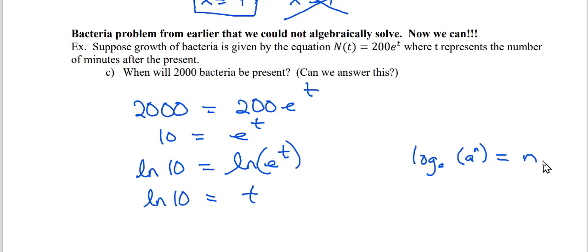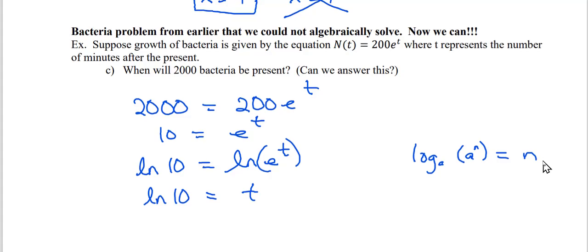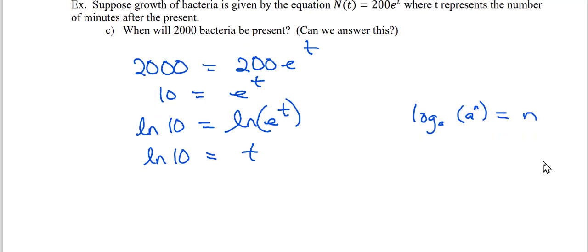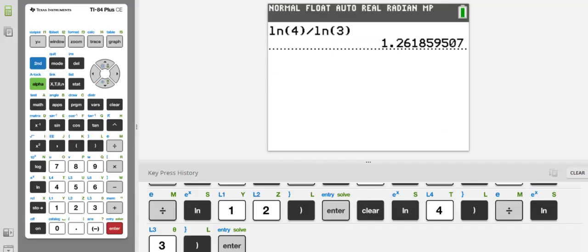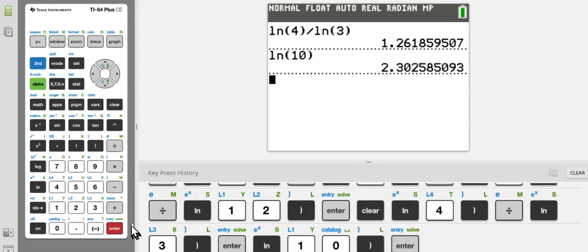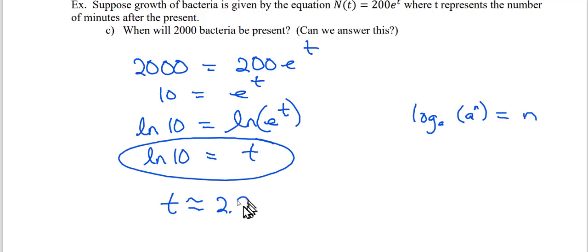That exponential and logarithmic function cancel one another out. So this is just t. So t is the natural log of 10. That would be the exact value that would make this true. And throwing that in our calculator, natural log of 10 gives us that approximation of 2.3 that we got from guess and check. But this was a whole lot quicker, right? And we have an exact answer too.